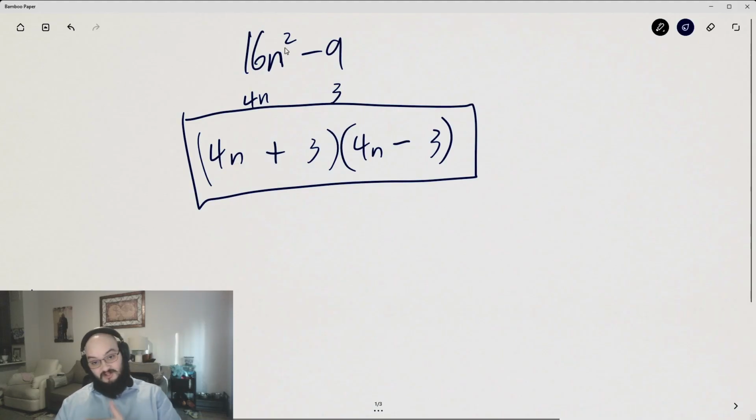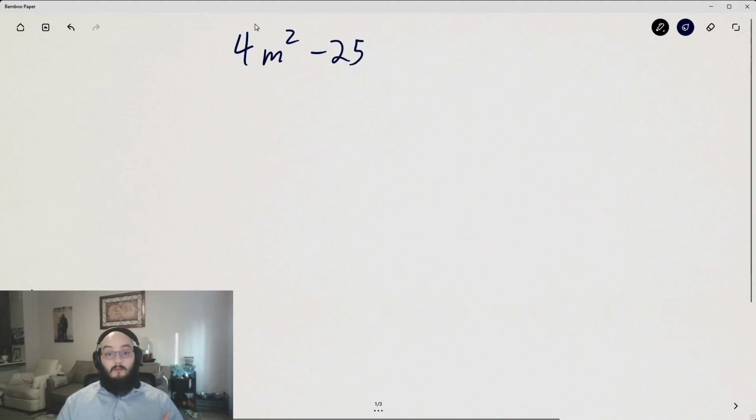Process again. Square root your first term, square root your second term. First term goes in the first spot for each of the factors, second term goes in the second spot for each of the factors. One of them's added, one of them subtracted. For our second example, we once again have a perfect square up here, 4m squared, and a perfect square down here, this 25. Since they're subtracted, it is a difference of squares. We're going to use the same process we did before.